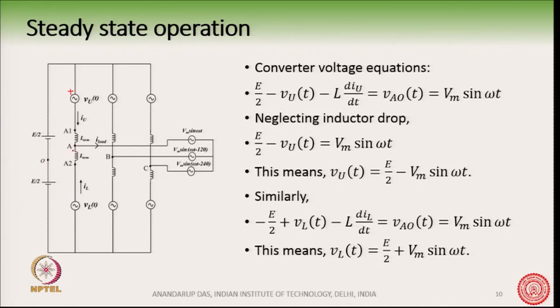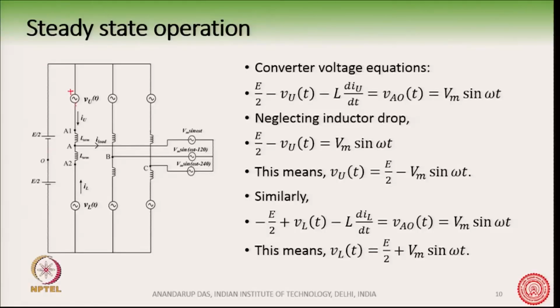This is what is written here: E by 2 minus V u, where V u stands for the upper arm controllable voltage source.